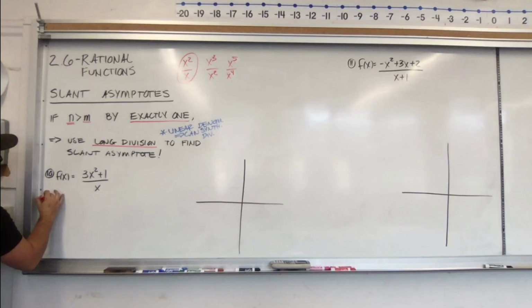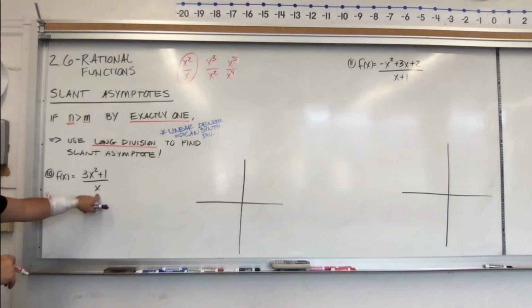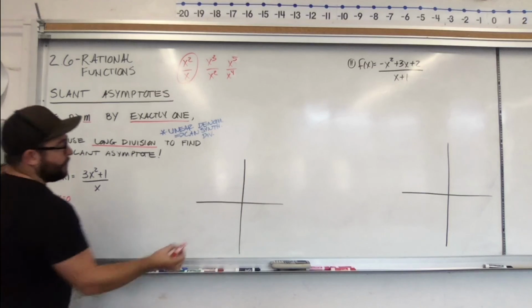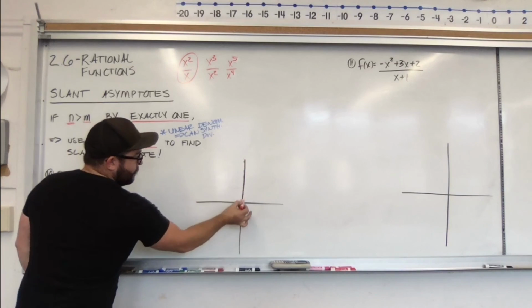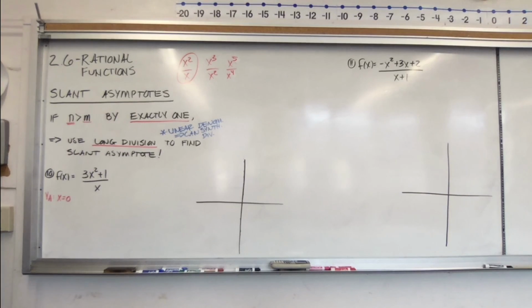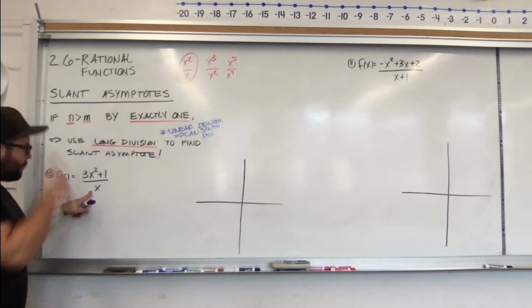Number 10, again, first things first. Vertical asymptotes are going to exist. It happens for us to be at x equals 0. So x equals 0, at y-axis we have that asymptote. Now the degree up top is larger than down below, so that should already be a trigger.